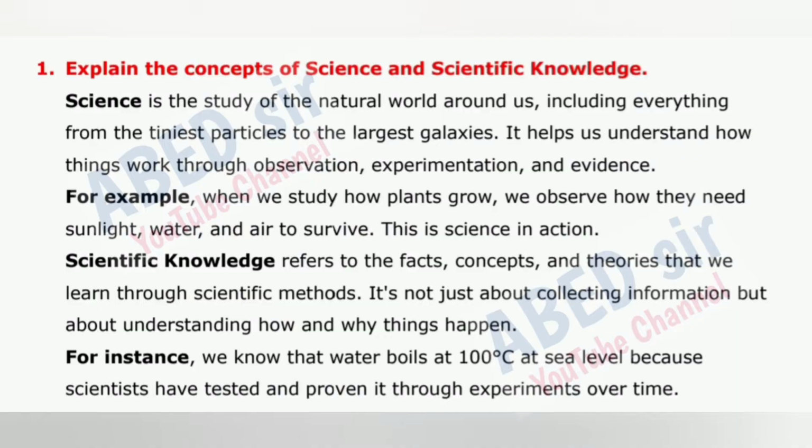Scientific knowledge refers to the facts, concepts, and theories that we learn through scientific methods. It's not just about collecting information, but about understanding how and why things happen. For instance, we know that water boils at 100 degrees Celsius at sea level because scientists have tested and proven it through experiments over time.